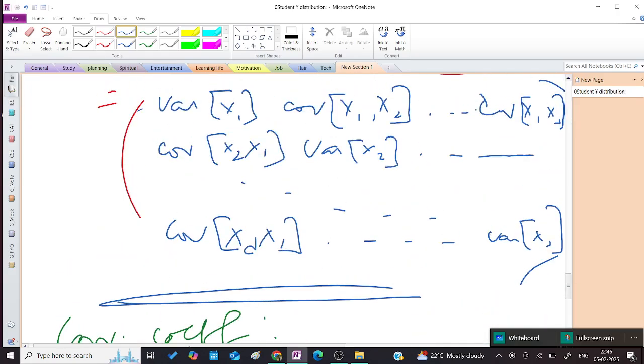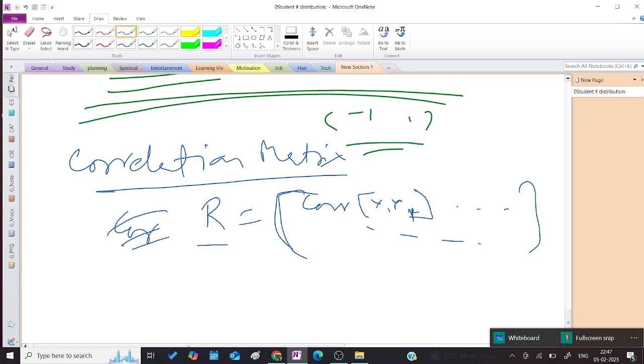Wherever there was variance or covariance, you can replace it by correlation, right? So correlation of x1, x2, similarly, and this will be the correlation matrix.